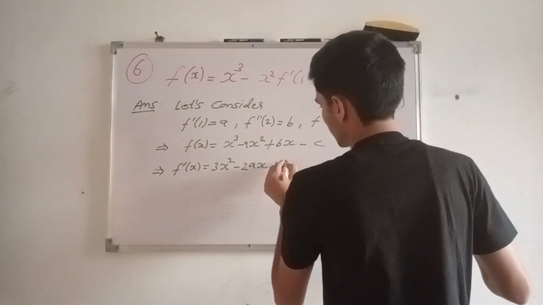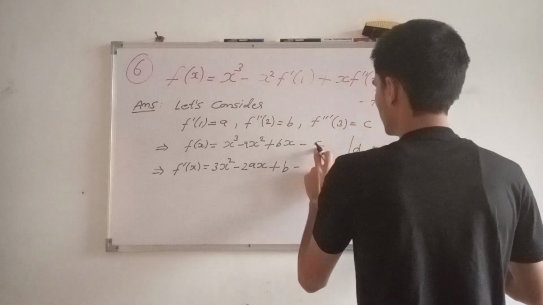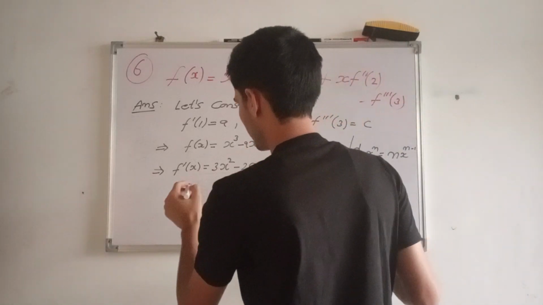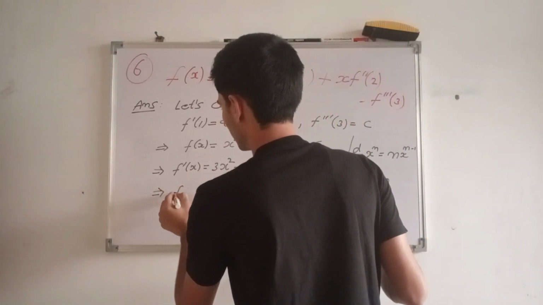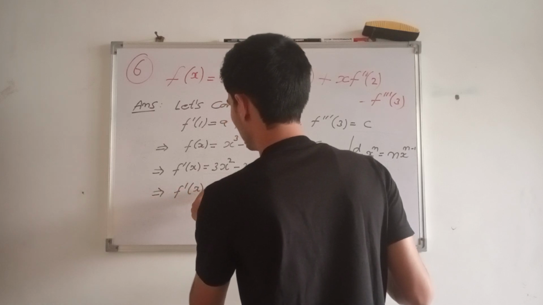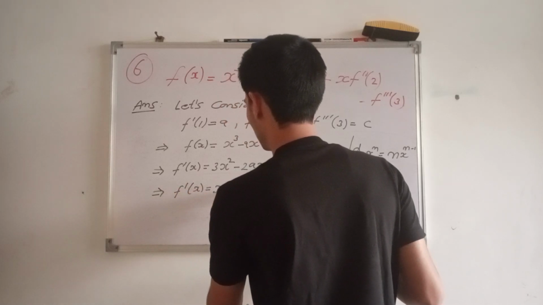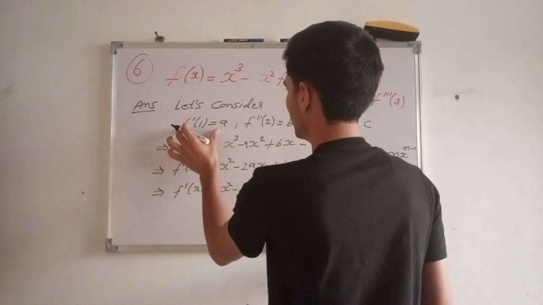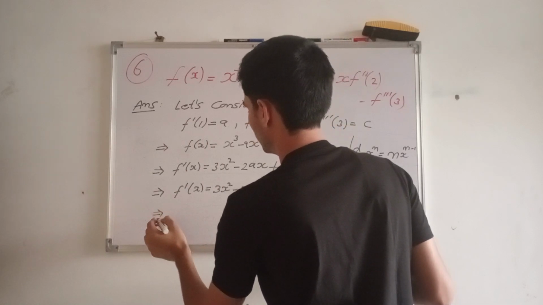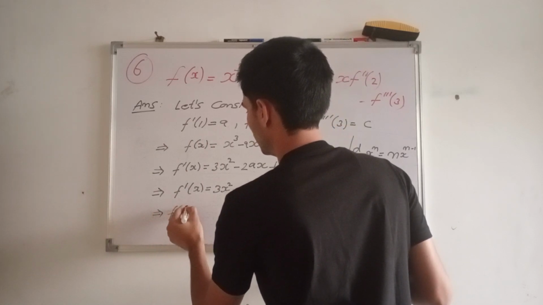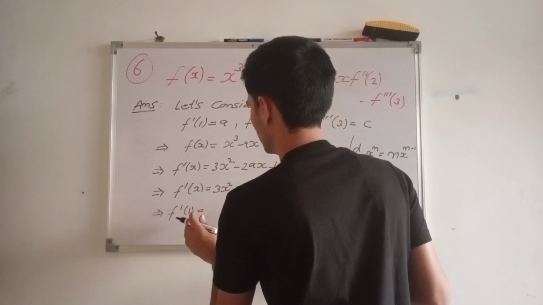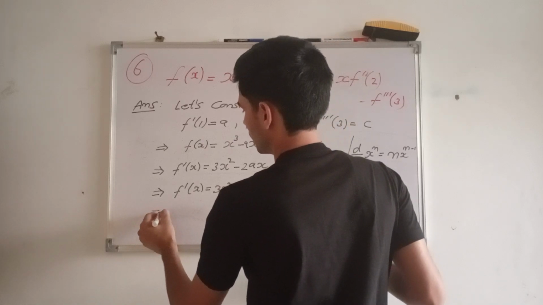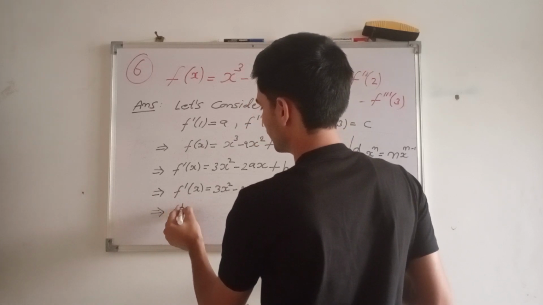So we get b, and the derivative of the constant is 0. So f'(x) is equal to 3x square minus 2ax plus b. We have been provided with f'(1). Put x equal to 1. No, let it be. First find the other derivative. Differentiate f'(x), we will get f''(x).